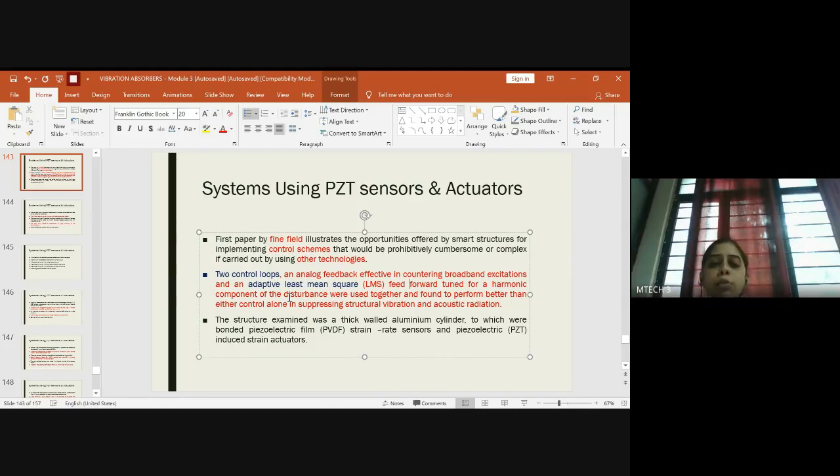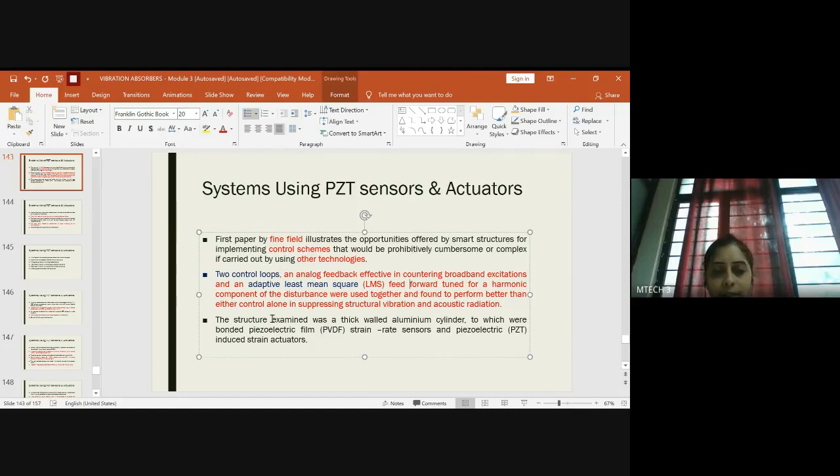To omit it, he told that we need to adopt the least mean square method, which takes the feedback of the disturbance coming in, and that is fed to another control loop. So the second control loop will take care of eliminating all the disturbances. This was what he concluded after performing the experiment.